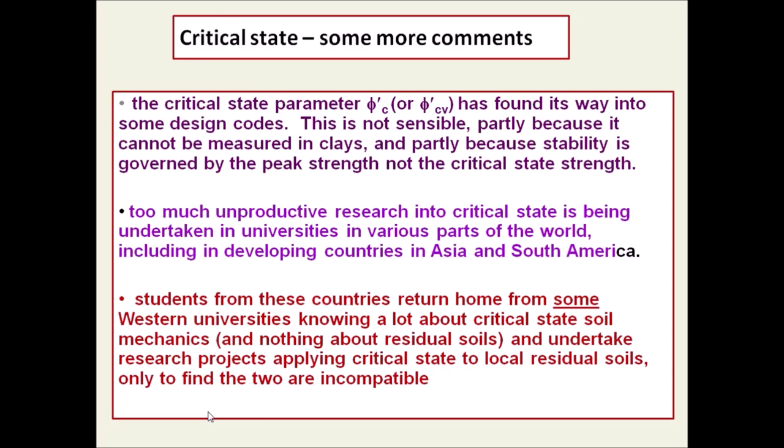The critical state parameter has found its way into some design codes. And again, this is not sensible, partly because it cannot be measured in clays. As I said, they head from the peak down to the residual strength, and you'll never know where the critical state value is. And partly because stability in most situations that I know of is governed by the peak strength, not the critical state strength.